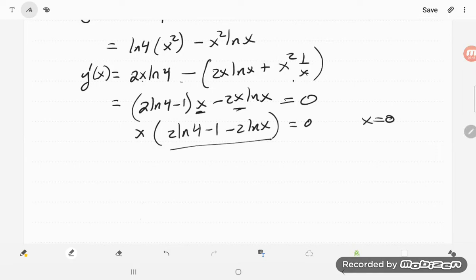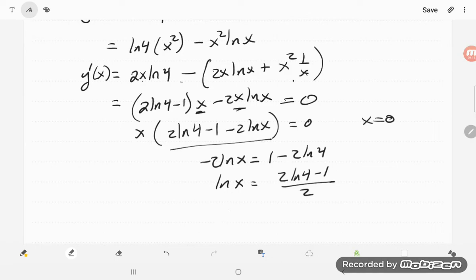But I can look for something here, and so what I have is that minus 2 log x is equal to 1 minus 2 natural log of 4. So log of x is equal to, I've got a minus there, so I'll turn that around, 2 natural log of 4 minus 1 over 2.